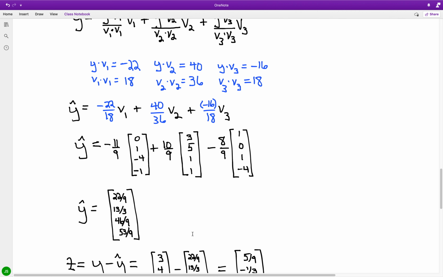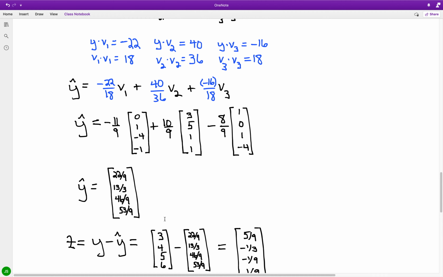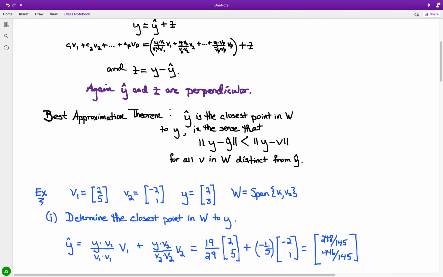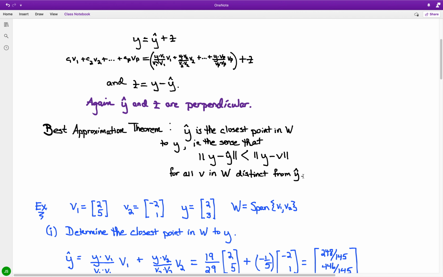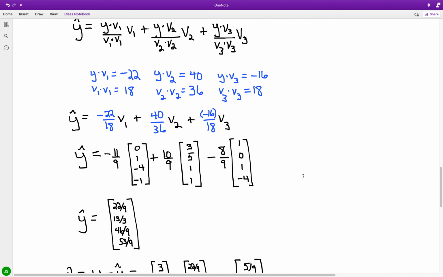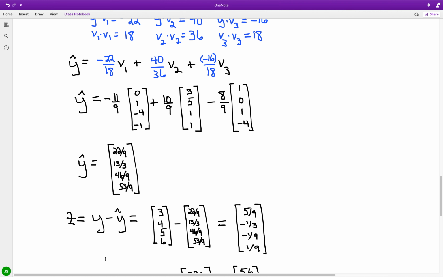So this is what we have projected onto y. But for a vector that is orthogonal, recall that the projection and z are perpendicular or orthogonal to each other. This is what we have for the projection of y. Now z is the difference between y and the projection.